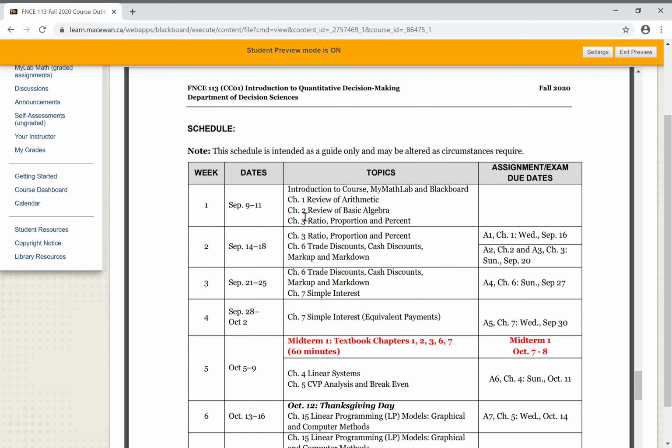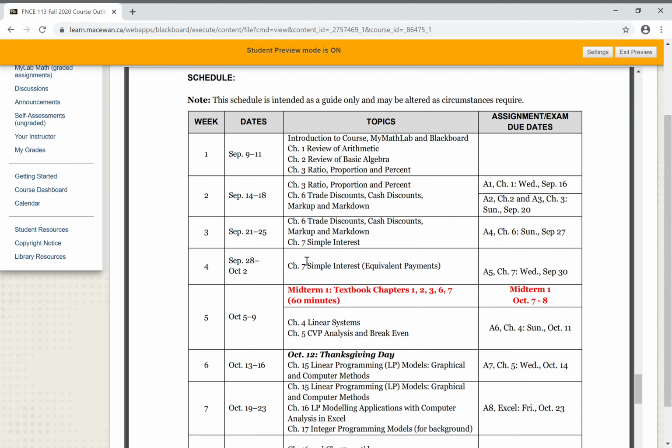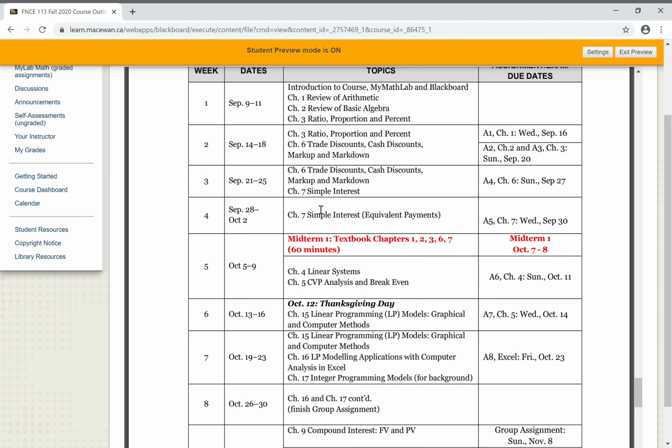So essentially what we're doing is the chapters are listed here. This week, in the first week, is mainly review of some mathematical concepts, so chapters 1, 2, and 3. And then next week, week 2, we continue with chapter 3, then move on to chapter 6, and so on and so forth. So I do encourage you to have a look at the book and see how these chapters are set up, because we do not do all the chapters from the book, but we do quite a few.